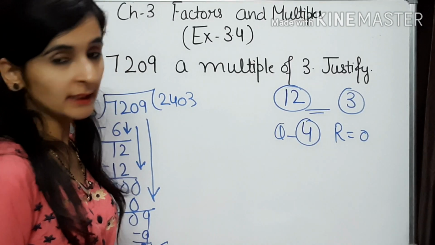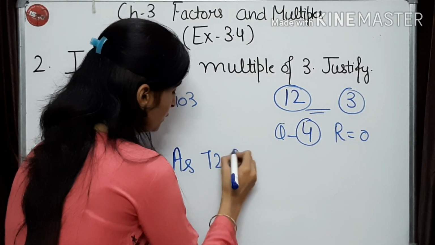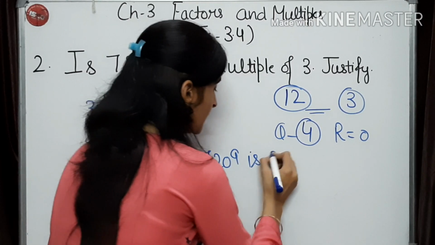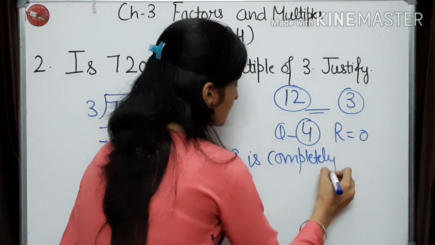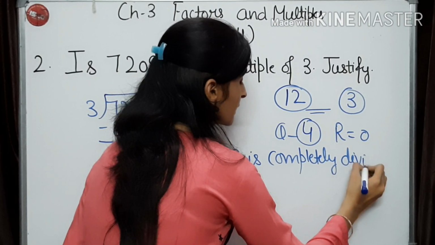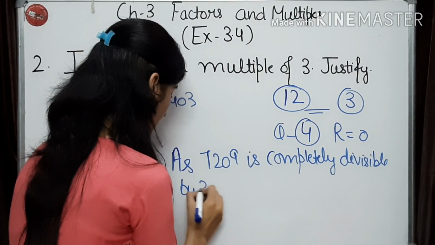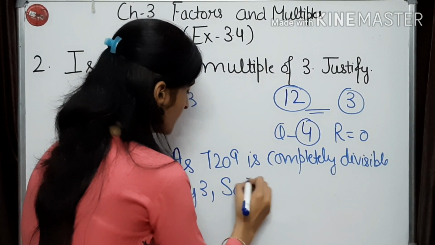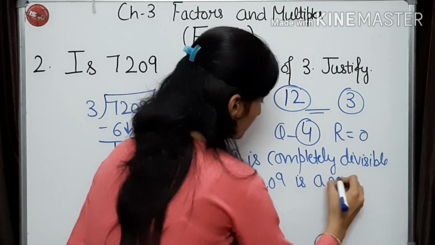So what we can write here is: 7,209 is completely divisible by 3. So 7,209 is a multiple of 3.